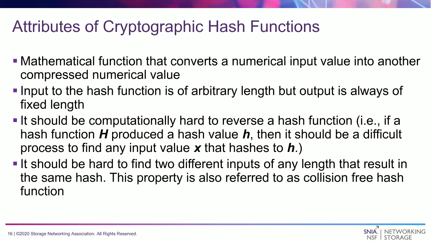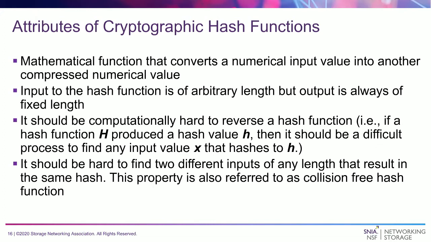A key component of this is that it should be computationally hard to reverse a hash function. In other words, if you have the hash value, in reality, you should not be able to reverse from that value what the contents of the original input were.